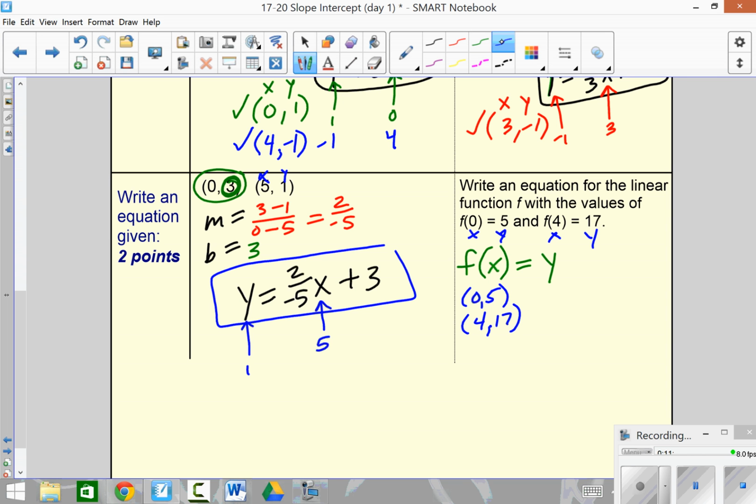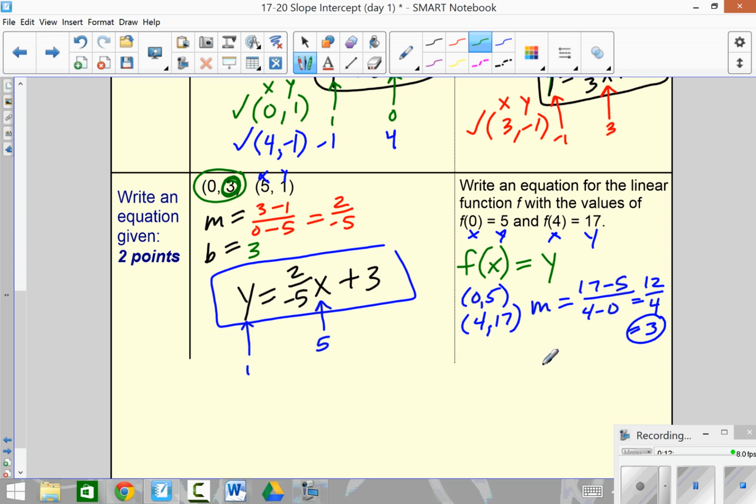So let's go ahead and calculate the slope of our two ordered pairs that are given in our problem. So I'm going to do y1 minus y2. I'm going to do 17 minus 5 over 4 minus 0. 17 minus 5 is 12 over 4, and our slope is 3. So our m is 3.